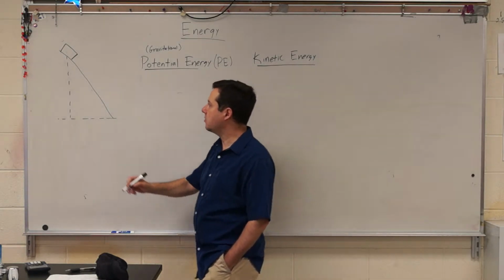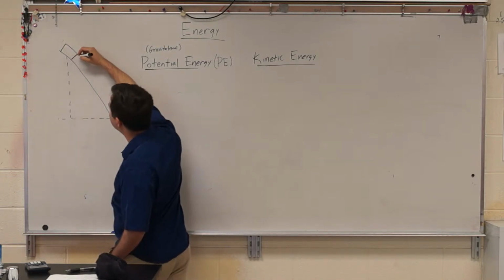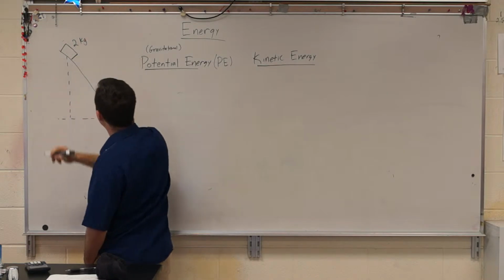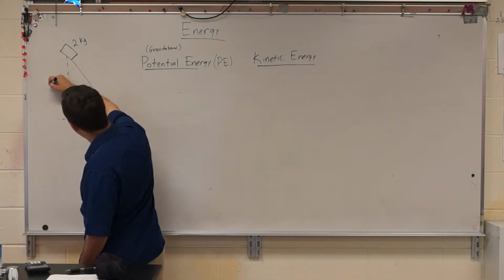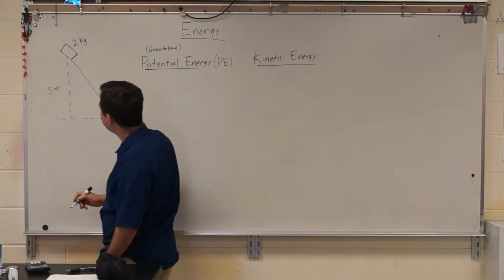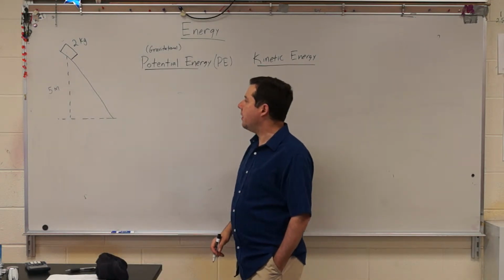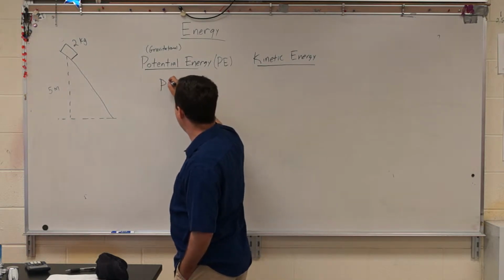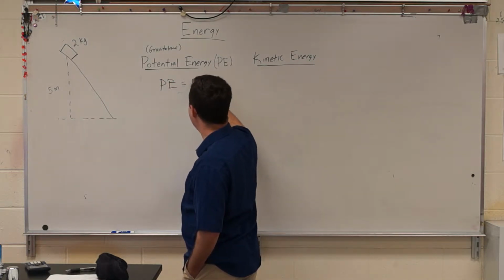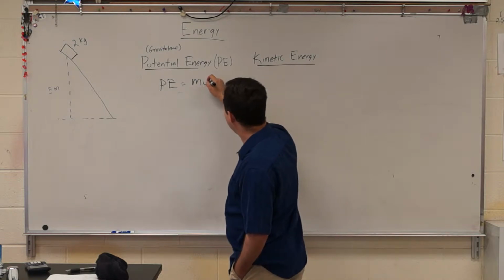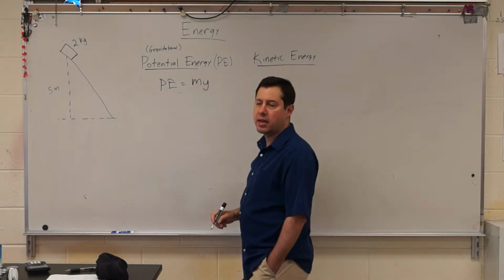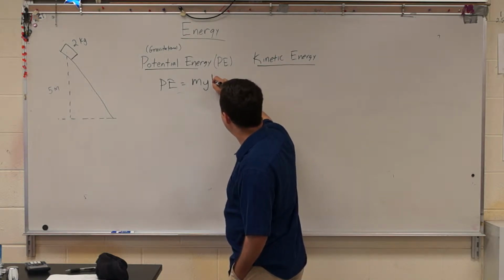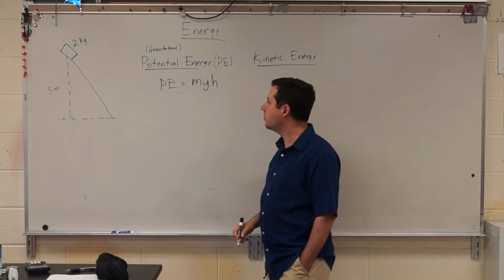So I have a box up here, and I'm going to say that this box is on an incline, and let's say that it is a 2-kilogram box, and it is at a height of 5 meters. If I want to figure out what the gravitational potential energy is, it's just PE equals the mass times g, the constant, 9.8 meters per second squared, times the height above the ground.